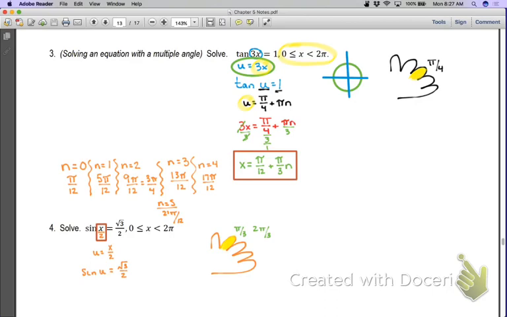So I would set each one equal to, so if I have u equal to pi over 3 plus 2 pi n, and u equal to 2 pi over 3 plus 2 pi n.